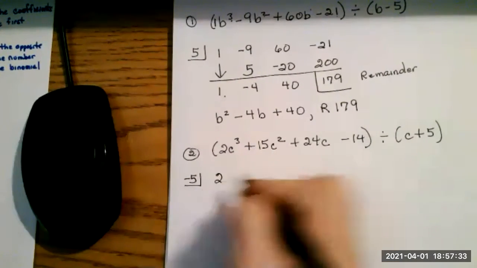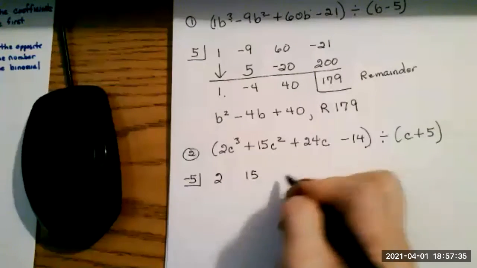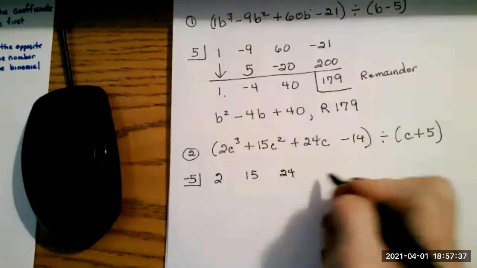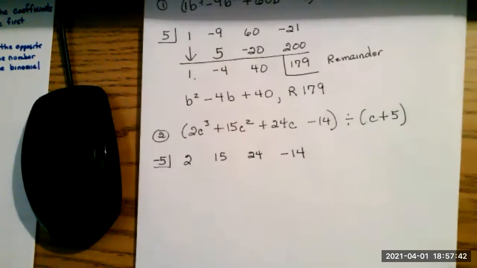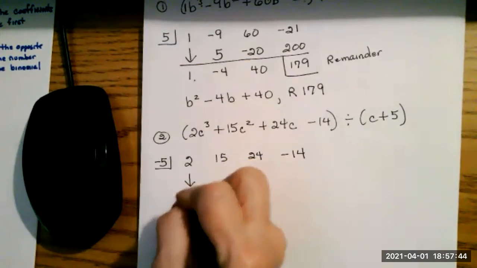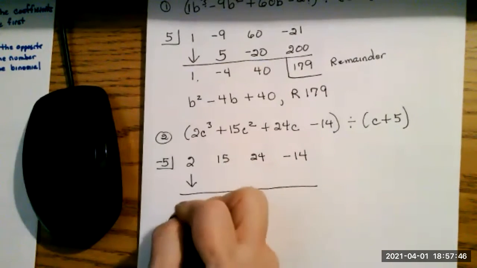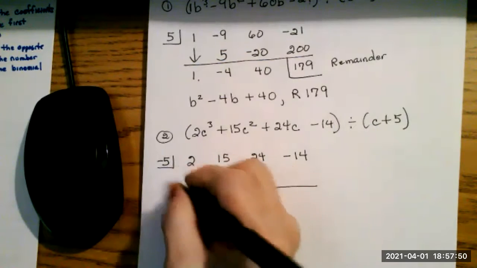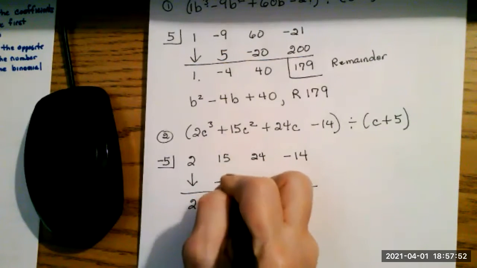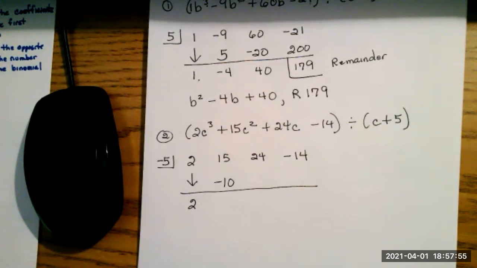So we have 2, 15, 24, negative 14. So bring down the 2. And 2 times negative 5 is negative 10, goes right there.